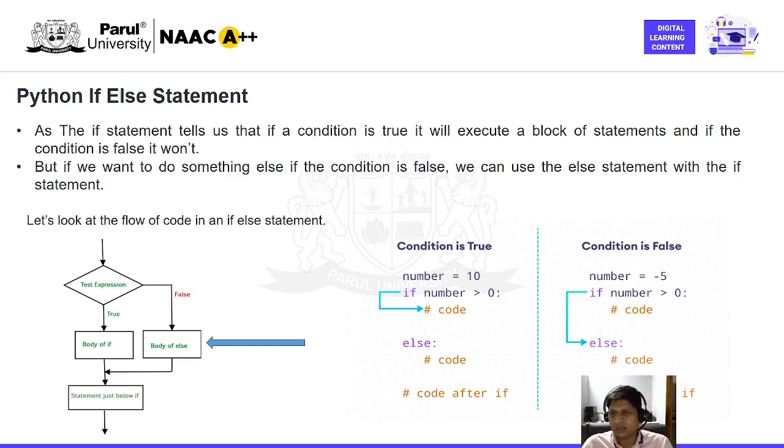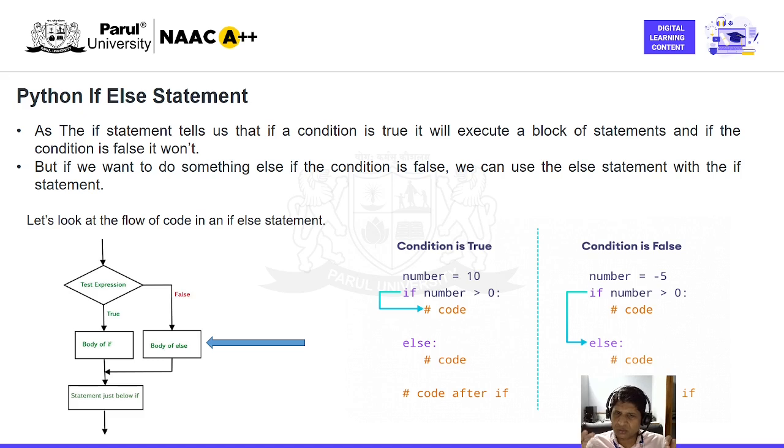If we want to do something when the condition is false, we can use the else statement with the if statement. Now you can see the flow diagram, the flow chart of the if else statement. Some students get confused with the if else statement. There are not two conditions; the condition is always one, but the output of the condition is two, one true and another false.